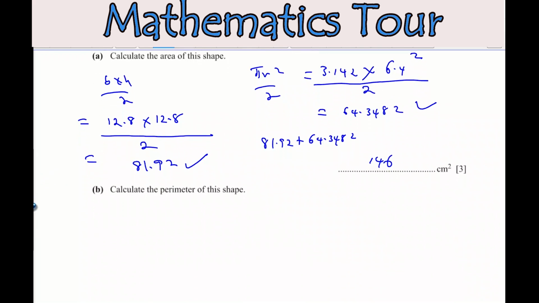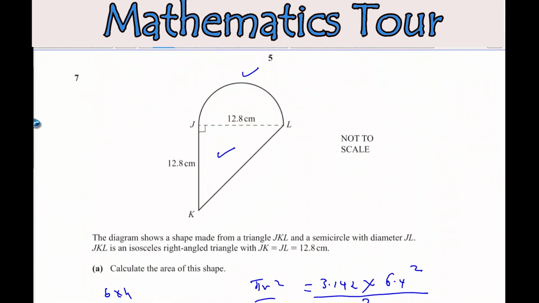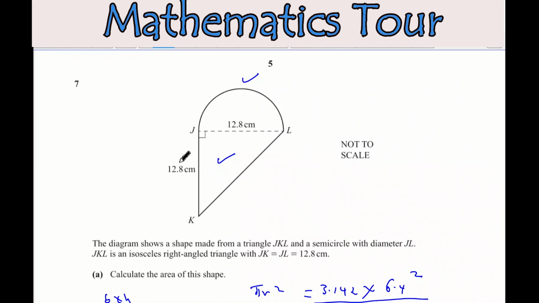Okay, part B, calculate the perimeter of this shape. So the perimeter will be this side, add this side, add this arc. So we have 3 things to add: this arc, or the circumference of a semicircle, and this side as well as this side.